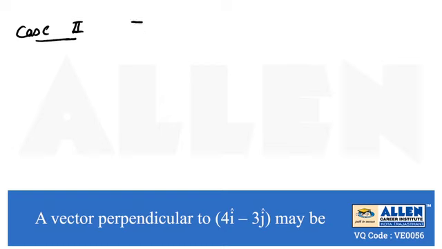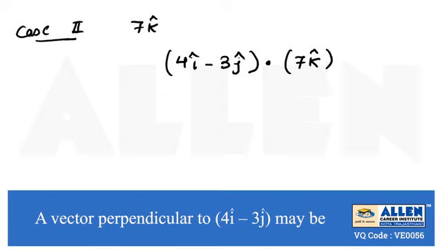Now we will see the second case, that is 7 k cap. Our given vector is 4 i cap minus 3 j cap, and we have to check whether 7 k cap is perpendicular to this vector or not. Now we will do the dot product of these two vectors. The coefficient of i cap is 4, but the coefficient of i cap in the other bracket is 0.